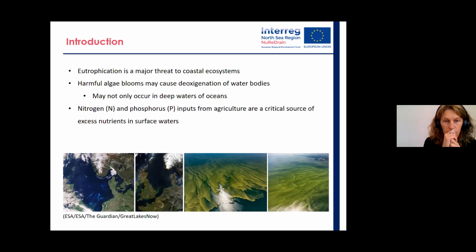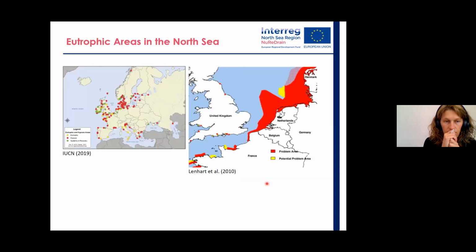On these photographs, you can see the effect of these algae blooms in the North Sea region and other regions in the world, like the Great Lakes in the US. Of course, there are many studies available regarding the eutrophication potential in the North Sea.